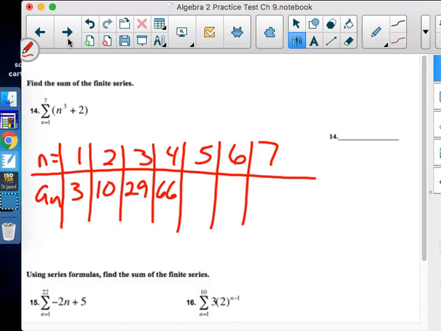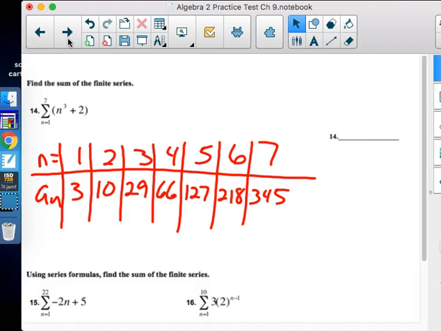And you can do this on your calculator. 5 cubed, 125 plus 2, 127. 6 cubed, 216 plus 2. How about 7 cubed? Did anybody memorize 7 cubed? Yeah, there's too many people looking at me like, no, I didn't memorize that one. 343, add 2.